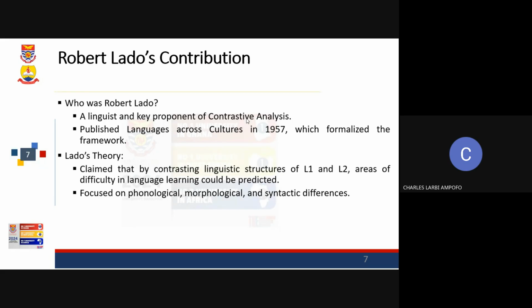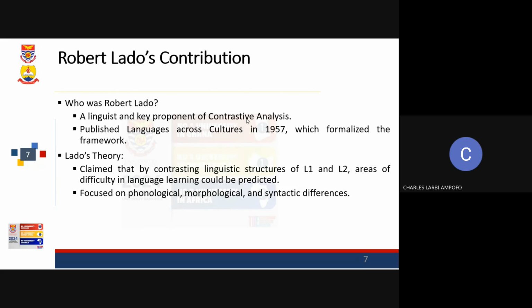But if they were from the same linguistic background, if they were all sharing the same L1, what it will mean, according to contrastive analysts, according to this approach of teaching second languages, is that you needed to look at the L1 of your students. Because we don't have a homogeneous population in our classroom, it may be quite difficult.